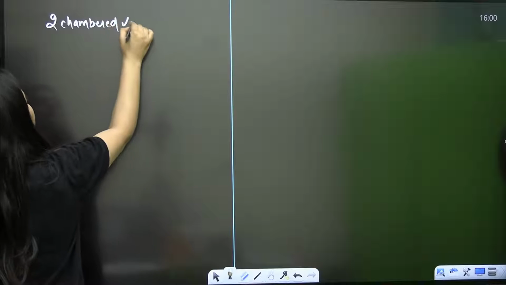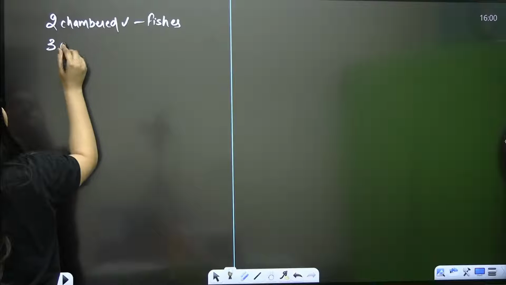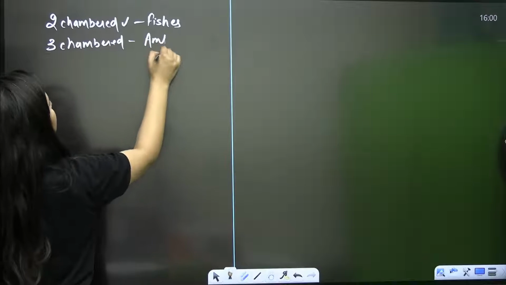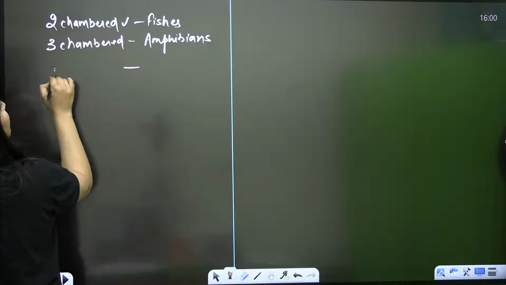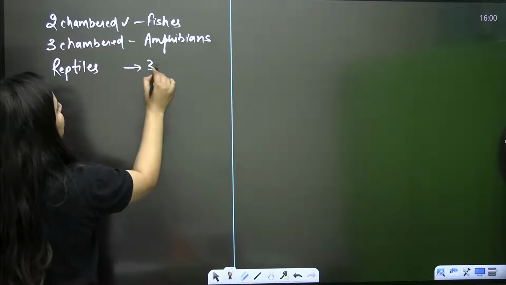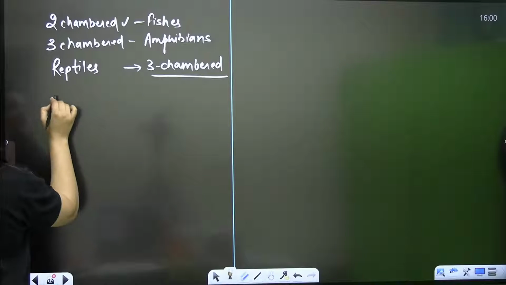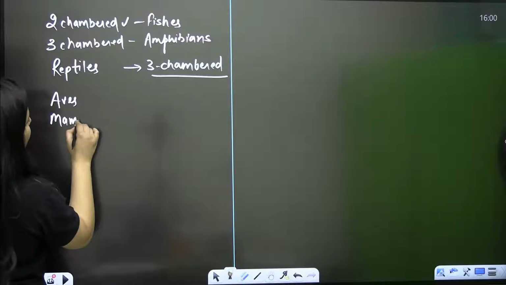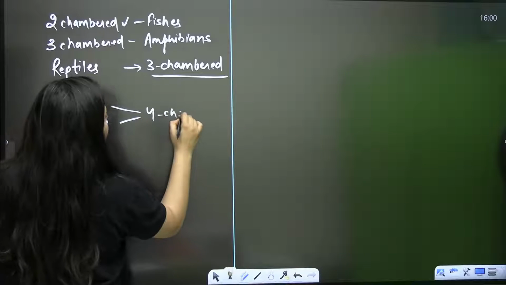In amphibians, the heart is going to be 3-chambered. Then come reptiles, which also have a 3-chambered heart, but here the ventricles are partially divided. In birds and mammals, I know I disturbed that sequence, sorry for that, they have a 4-chambered heart.